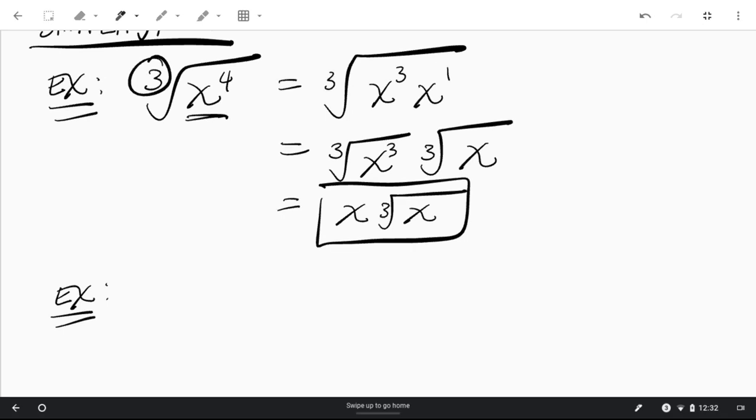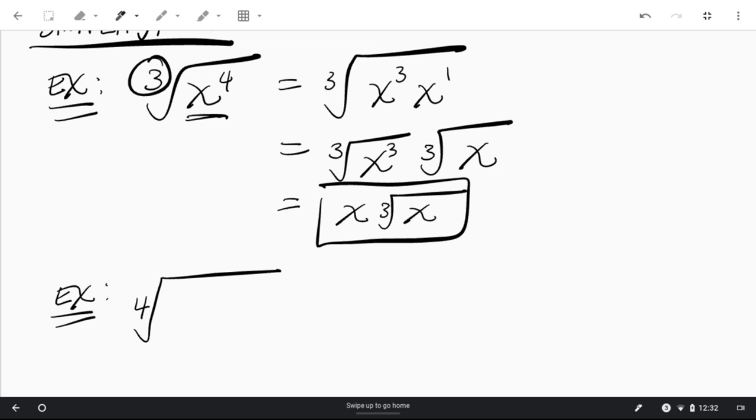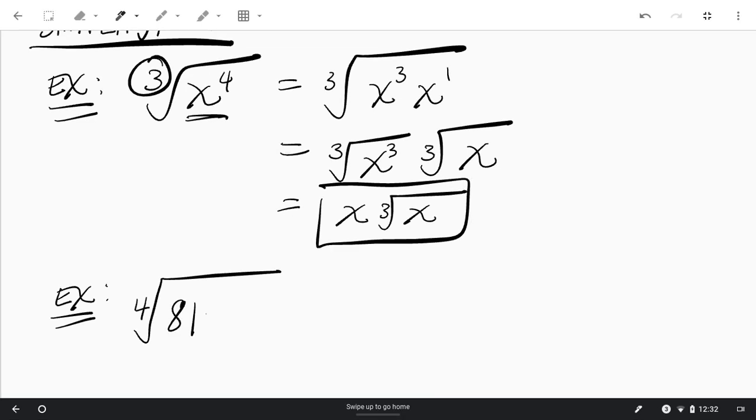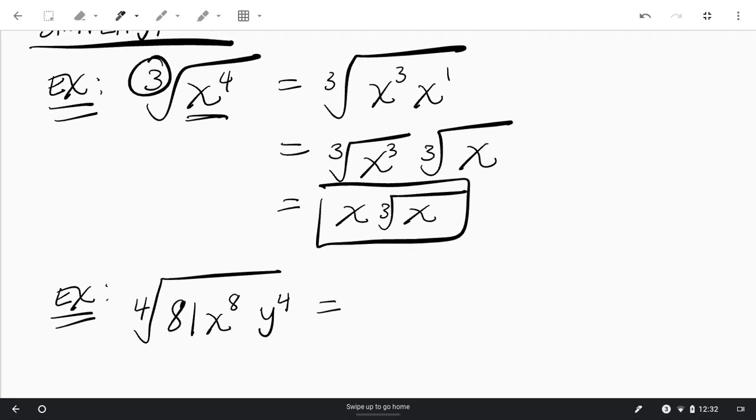Suppose that I am using the fourth root, and I have 81 x to the eighth, y to the fourth. Again, I want to split these up using powers of 4.